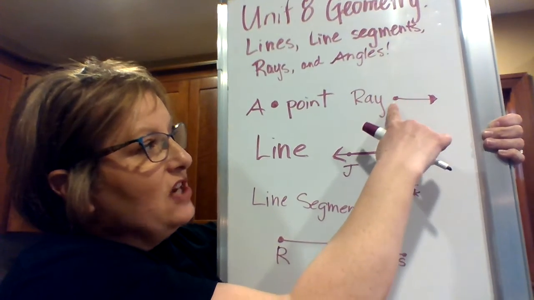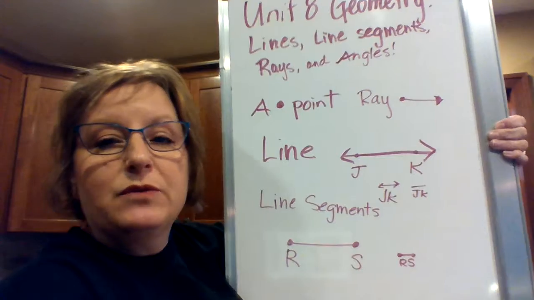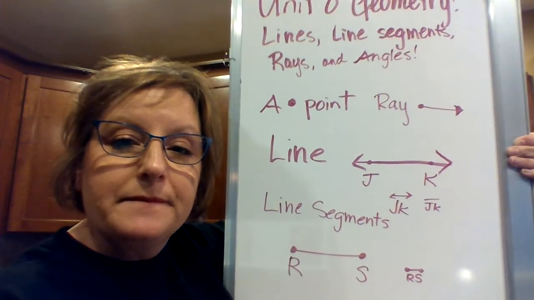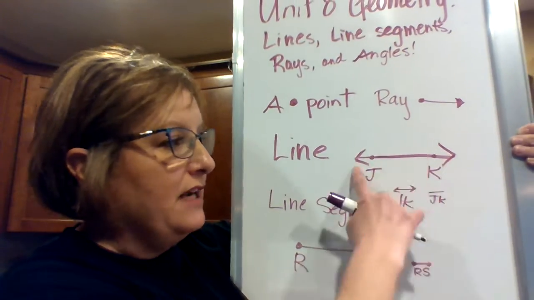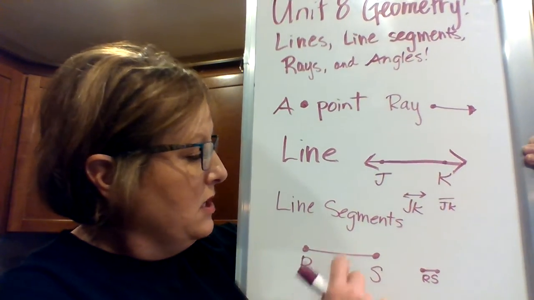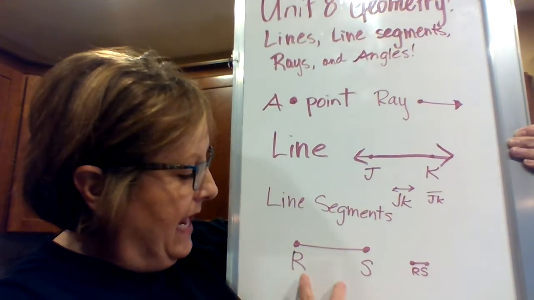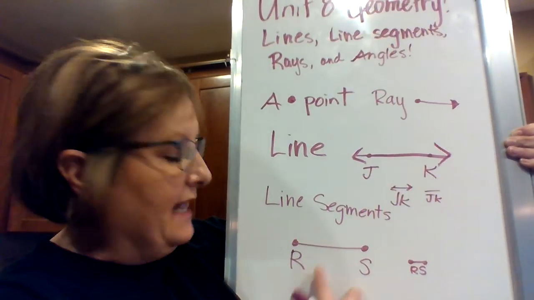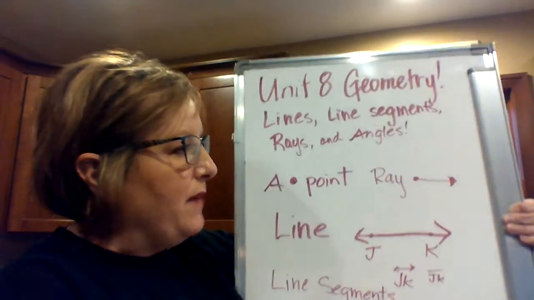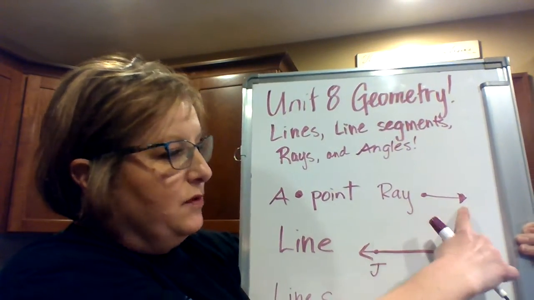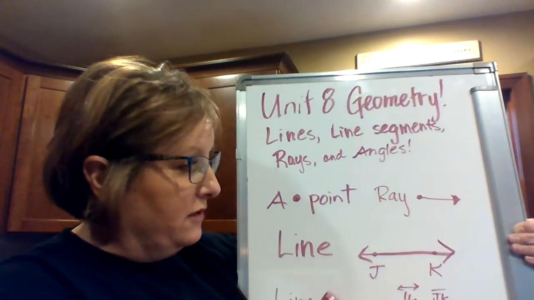So it starts at one particular spot and then will go on forever and ever. So we have line, goes on forever and ever, ends with two arrows. Line segment is a portion of a line, and has endpoints to say where it starts and stops. Then we have the ray, which is one endpoint with an arrow signifying that it goes on forever and ever.